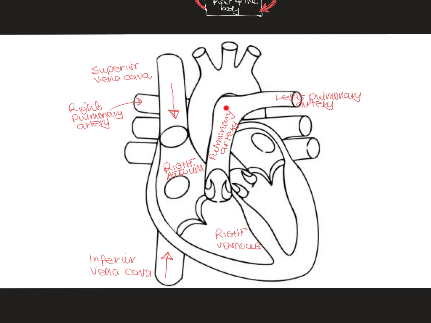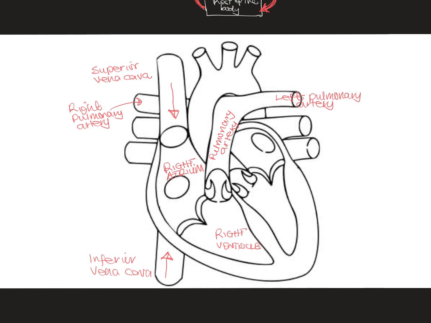The blood that is going to the right lung goes through the right pulmonary artery. So in the lungs, we said that the blood is oxygenated and carbon dioxide is eliminated. So when you breathe out, you breathe out carbon dioxide.